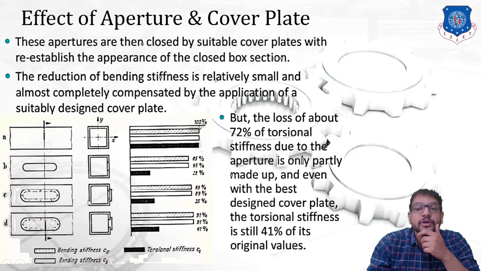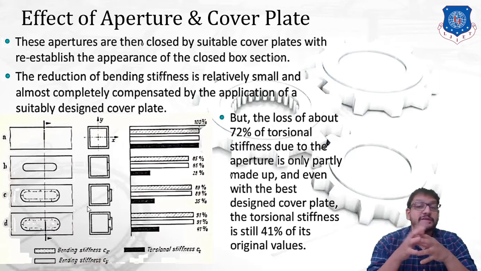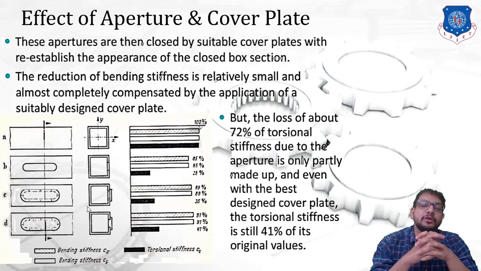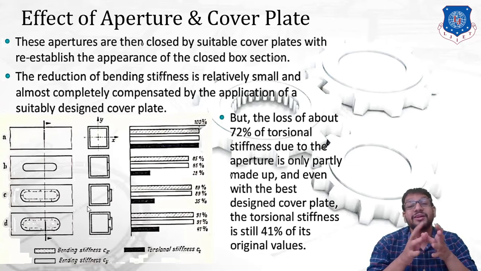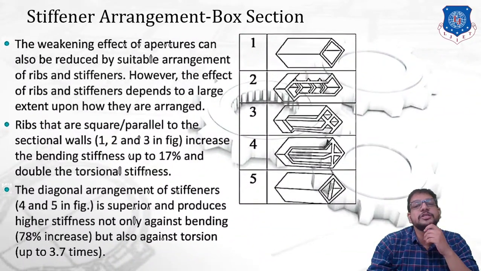Okay, sectional view. So we can say the loss of about 72% of the torsional stiffness due to aperture is only partly made up, and even with the best designed cover plate, the torsional stiffness is still only 41% of its original value. Now, stiffener arrangement is used in a box section to improve it.